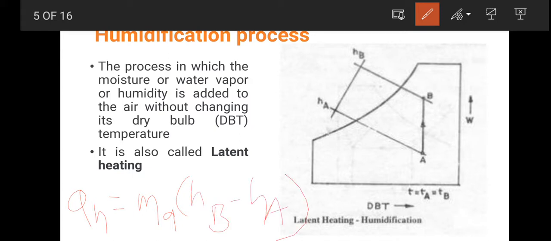By using this, we will find the heat added in the latent heating process to the moist air.